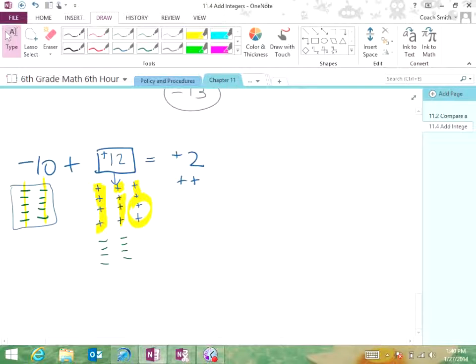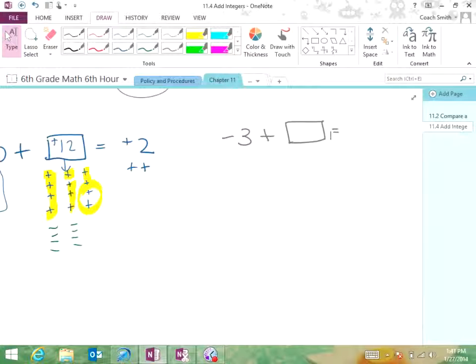So, all right, let's look at another fill in the blank one. Let's say we had -3 plus the box, and that's equal to +4. So I have 3 negatives over here, and I have 4 positives over here. So I know for every negative I have, I've got to have a positive to cancel it out.